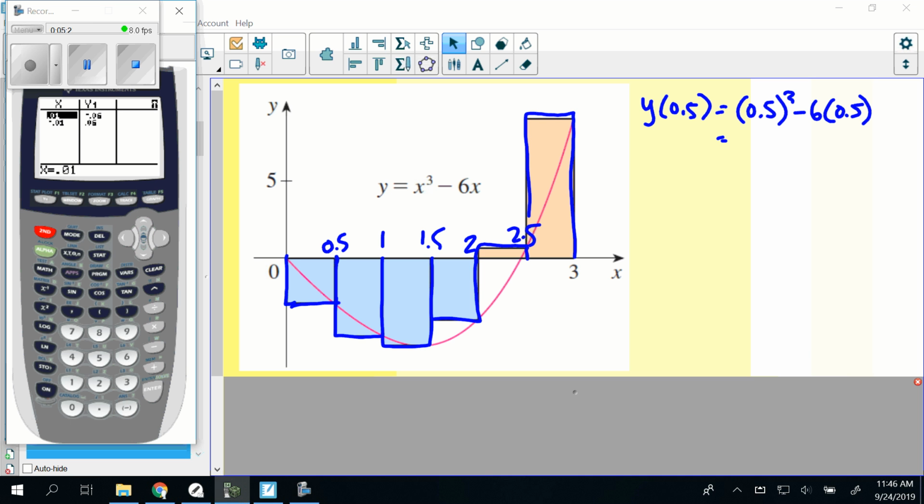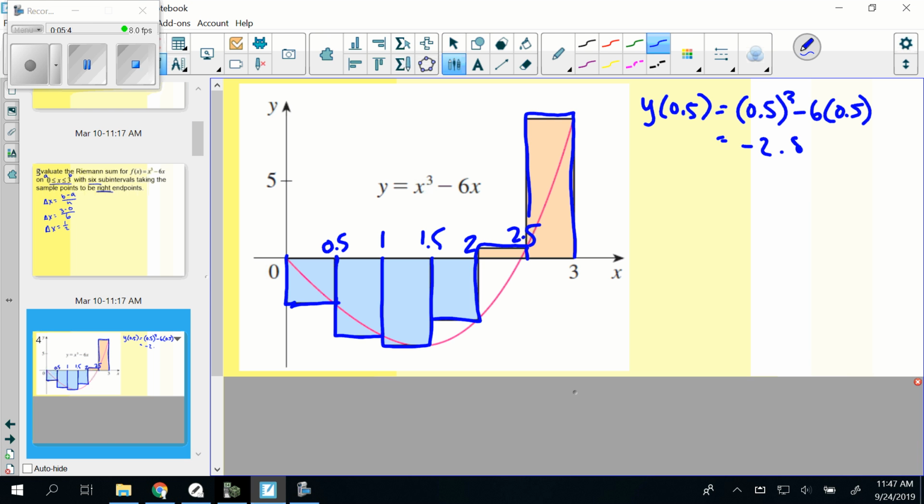I also need to adjust my table settings here. I want my independent variable back to auto here. So now it should come up with all those values here. So our heights are going to be all these values. At 0.5, if we evaluate this out, it's going to come out to be negative 2.875. And if we do those other values, we can find those as well.